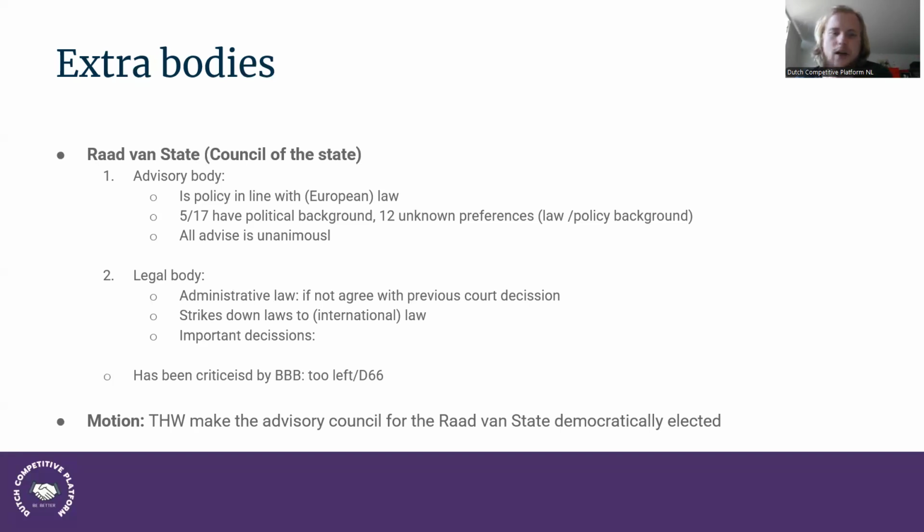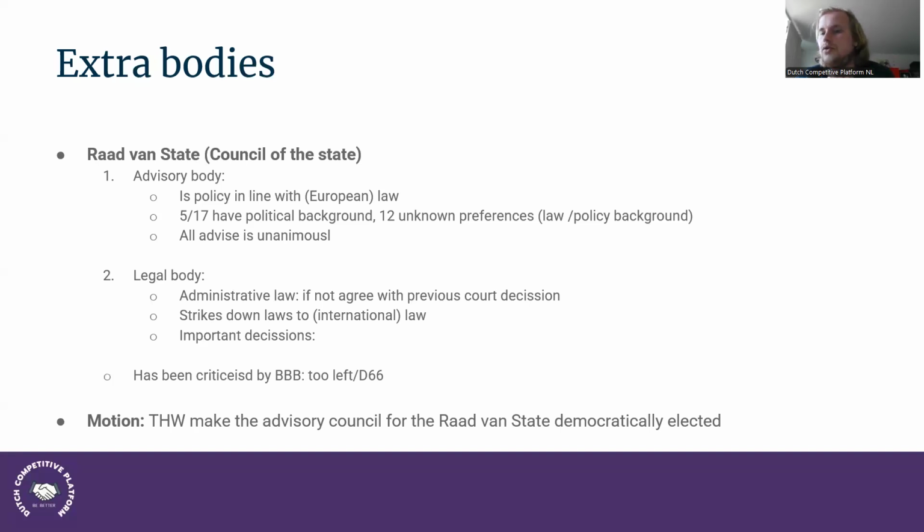Details don't really matter, for the big reason that, one, they are there specifically to judge whether it is a good law or not. Two, there are 12 people who have unknown preference, so they were never part of a specific party. They were just lawyers or judges or whatever. They had that experience, and we don't know what their voting preferences are, or if they have voted at all.